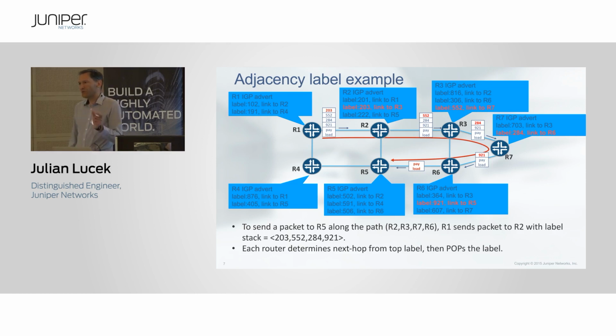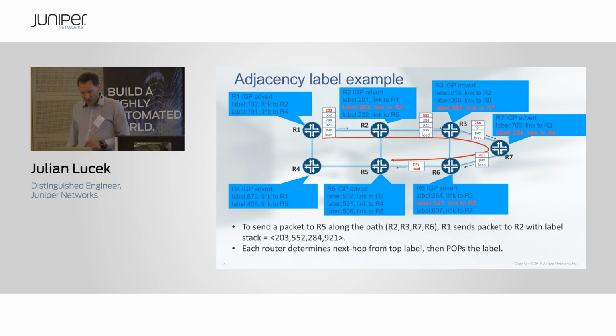And what's happening in the forwarding plane is that as the packet propagates hop by hop, each router is popping the topmost label and sending it on the corresponding adjacency. And so R2 sees that the top label's 203. It knows that means it must pop the label and send it towards R3. R3 sees top label 552, pops the label, sends it towards R7, and so on.